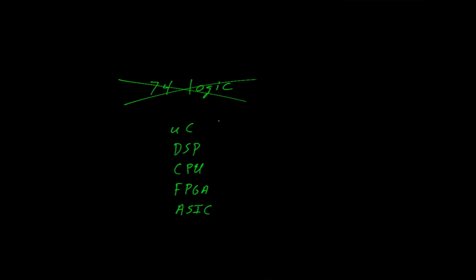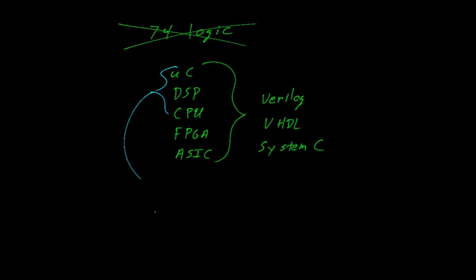All of these devices can be described at a hardware level using Verilog, VHDL, and other languages such as System C. Not to be confused with programming languages such as assembler, C, Python, or dozens of other programming languages.